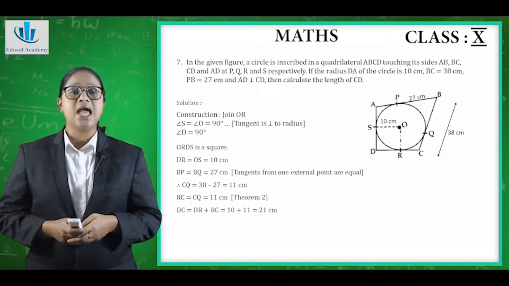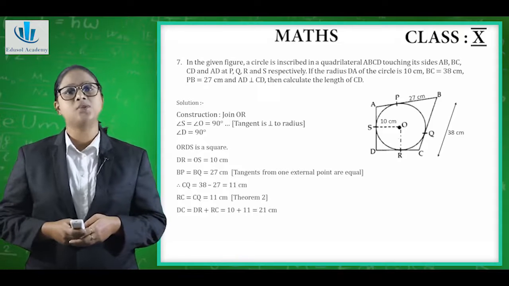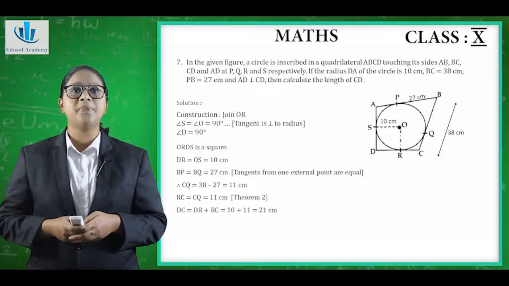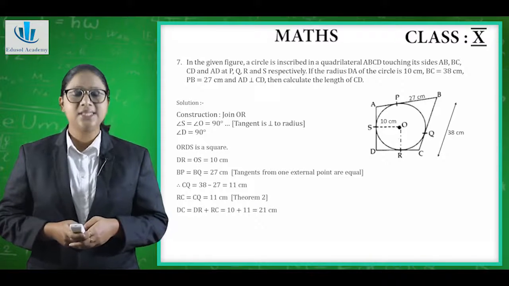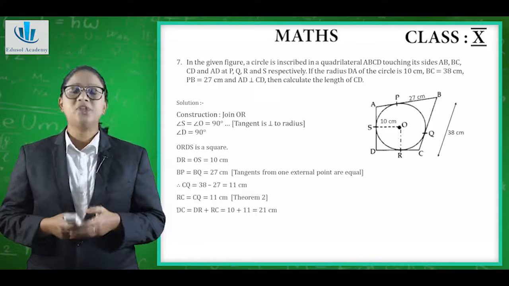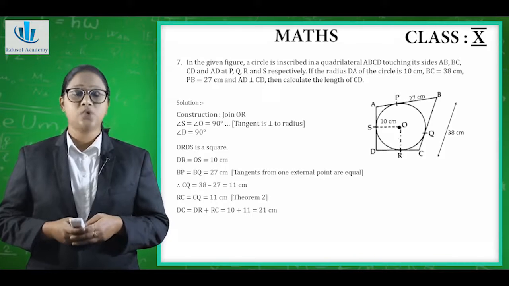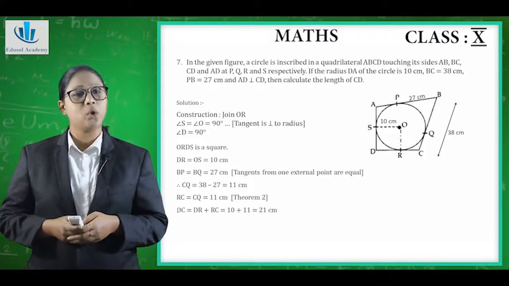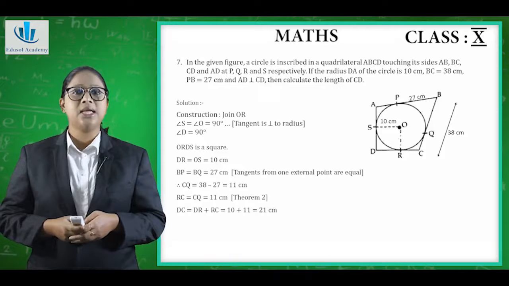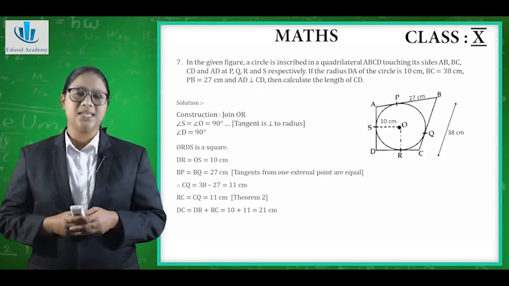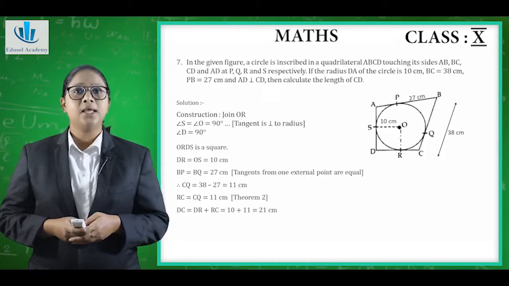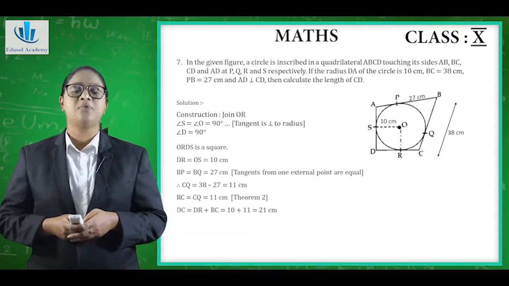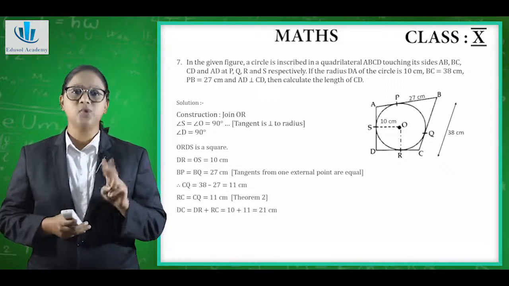Now you can see that angle S and angle R are 90 degrees because a tangent is always perpendicular to the radius at the point of contact, Theorem 1. Now angle D is equal to 90 degrees, which makes ORDS a square. So in a square all sides are equal, so we can say DR is equal to 10 centimeter. Now moving on to the next part, BP is equal to BQ is equal to 27 centimeter, Theorem 2.